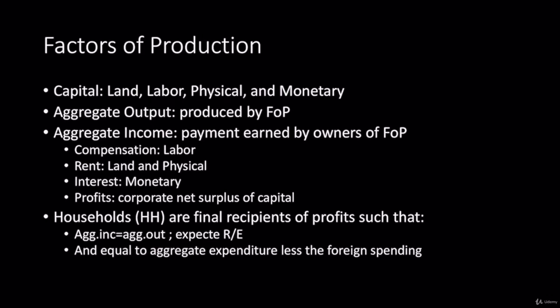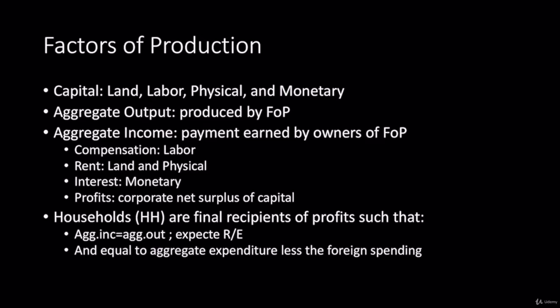Well, the broadest form of income is the compensation for labor. Most people in any economy are actually employees, and they get paid in the form of compensation, salaries. The other forms of income are rent from land or property, and rent from machinery or cars, things like that, physical capital.